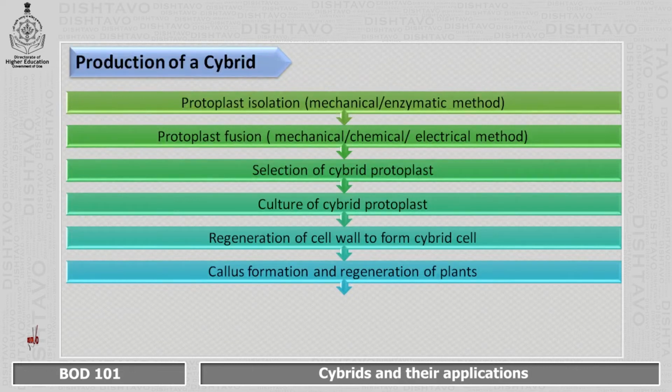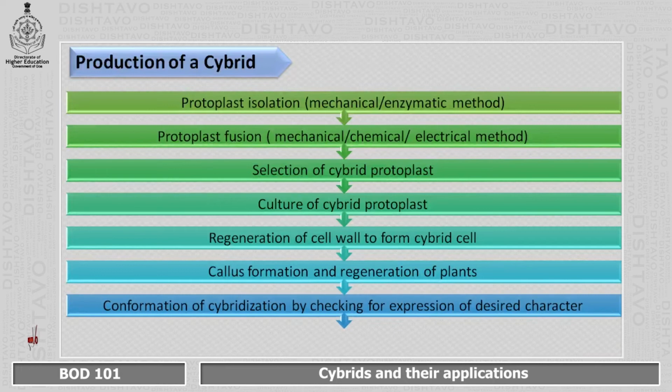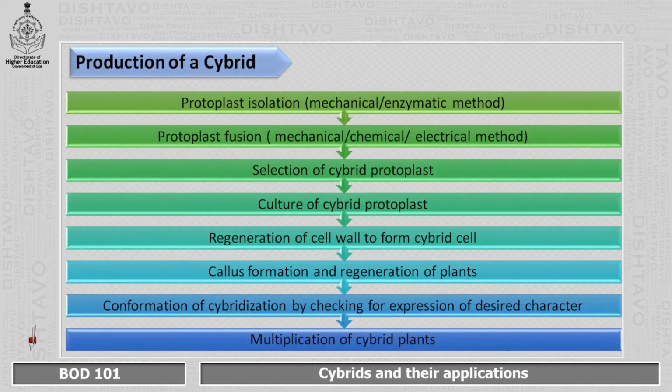So there will be callus formation, and from callus formation there will be regeneration of plants. When the plants are regenerated, there is confirmation of cybridization by observing the expression for the desired character. Last of all, these plants, the cybrid plants, are multiplied.